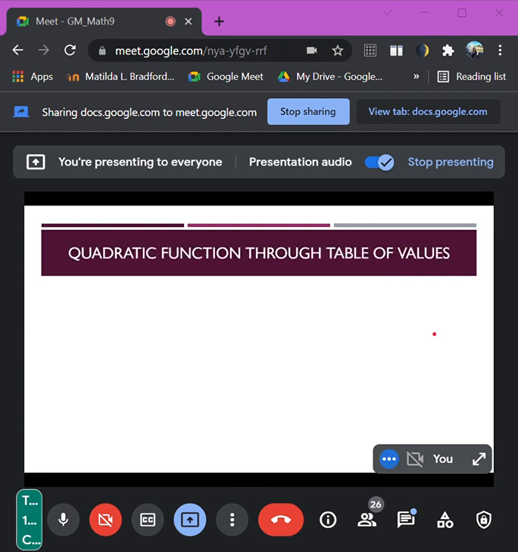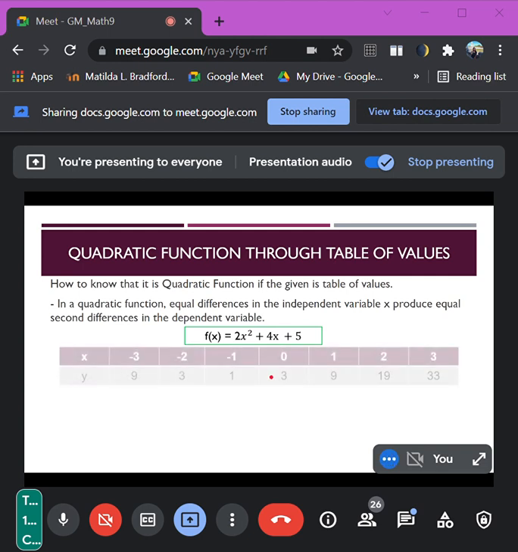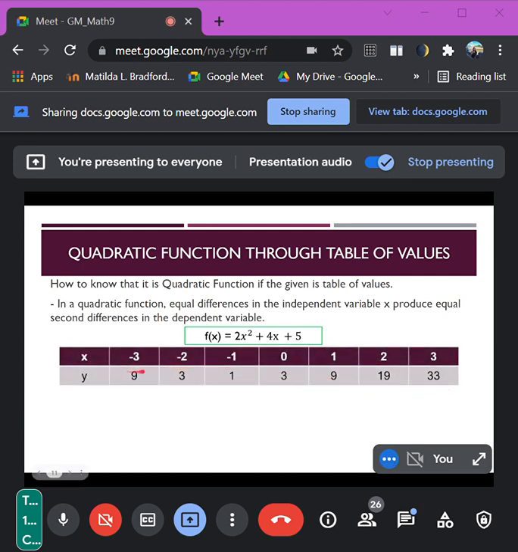And for our last example, class, we have another one: 2x squared plus 4x plus 5. It is a quadratic function because it is squared. This is the given: 9, 3, 1, 3, 9, 19, 33.